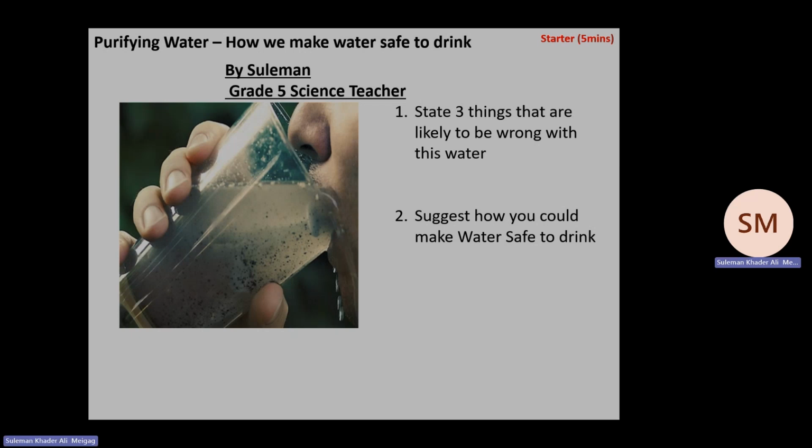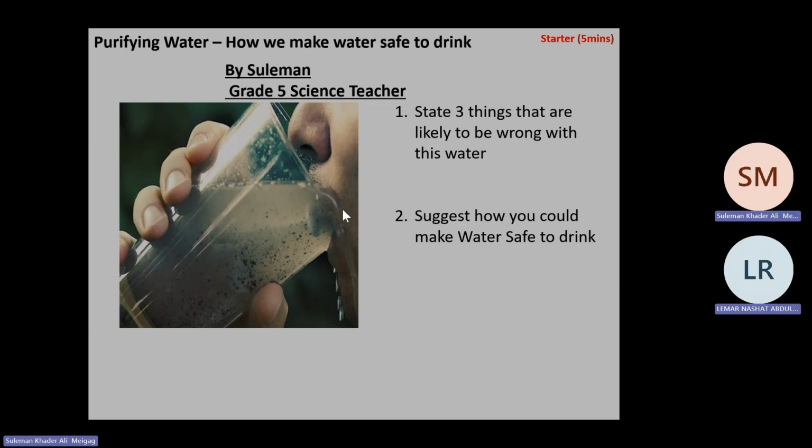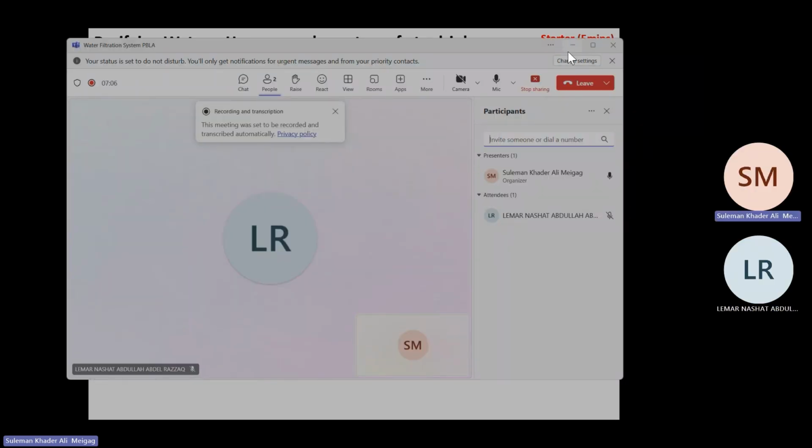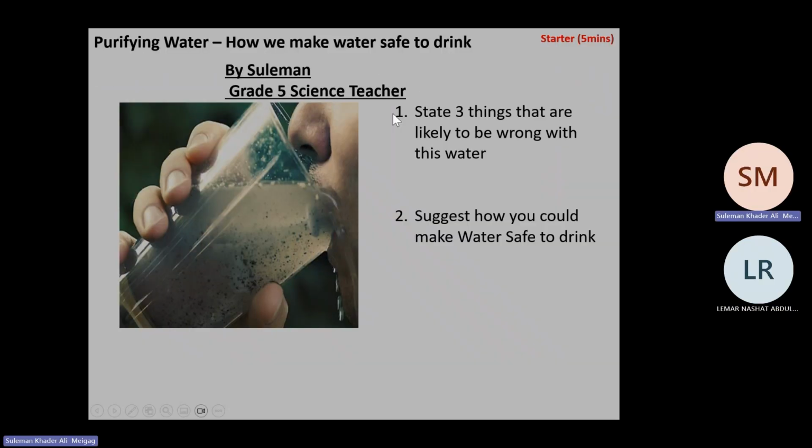This is one of the challenges facing grade 5 science. So let's begin with the first one. As you can see in this water, we are talking about purifying water.